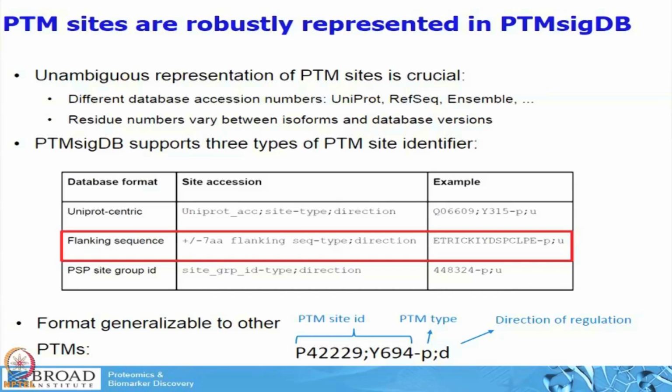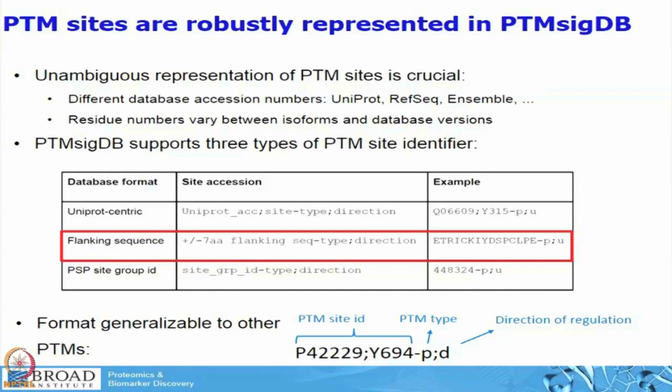Another way to represent a phosphosite is flanking sequences. So this is what we just looked at in the morning, right? We look at plus minus 6 or 7 amino acids or whatsoever around the phosphorylation site. This is a pretty unique identifier already if you compare that in the human proteome.